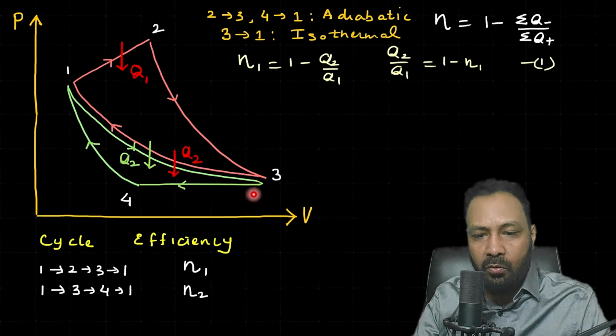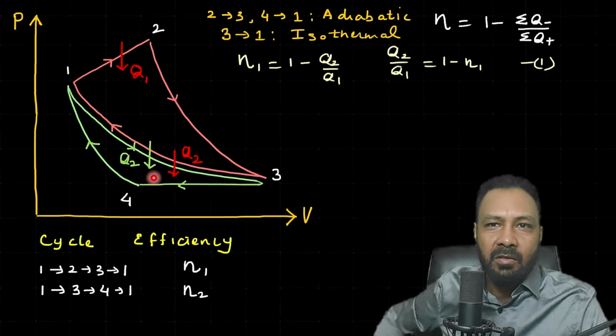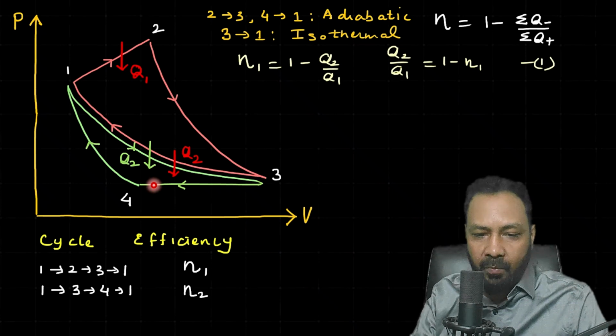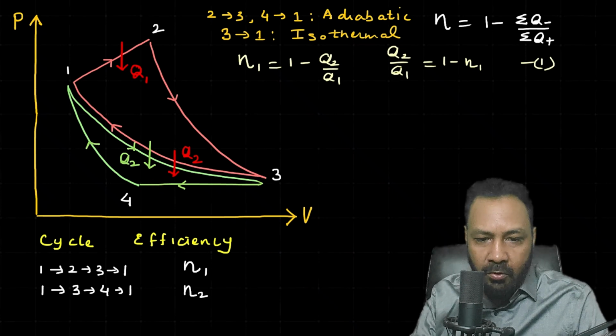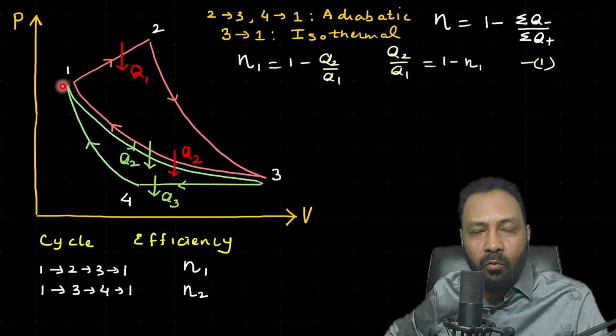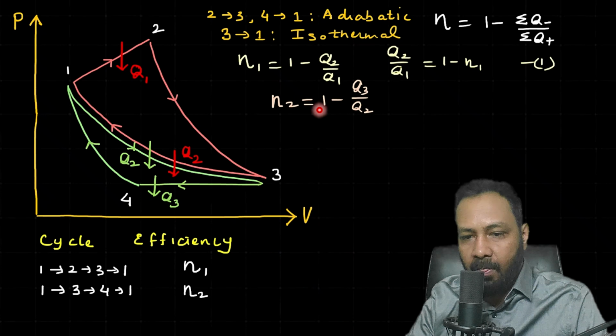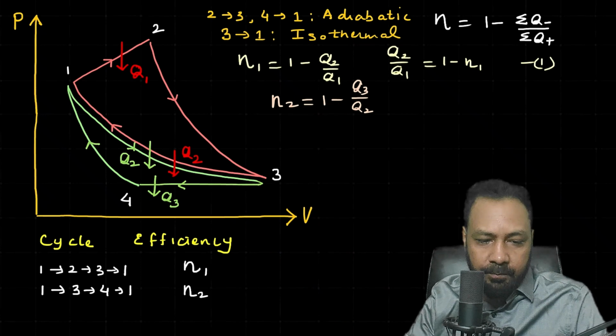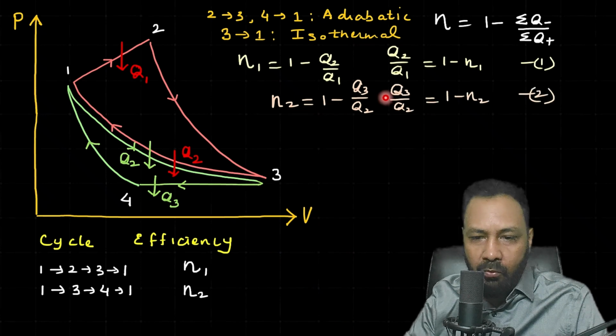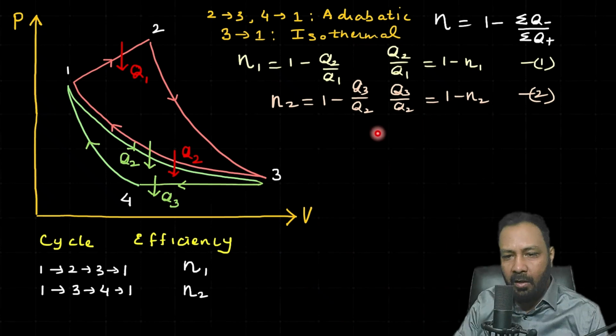So in 3 to 4, Q is negative, which means the heat is rejected by the system, and suppose its magnitude is Q3. 4 to 1 is adiabat, no heat enters, no heat leaves. So in this cycle, the entered heat is Q2 and the rejected heat is Q3. So efficiency would be 1 minus Q3 by Q2. Rearranging that, Q3 by Q2 would be 1 minus eta 2, and multiply these two.